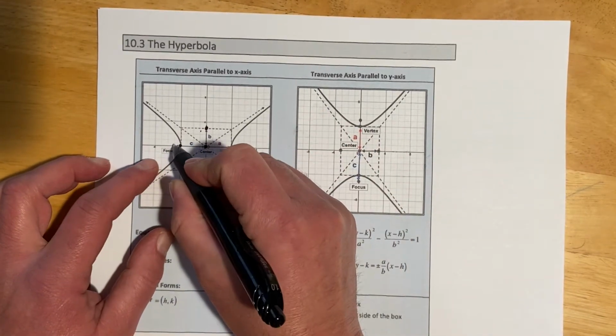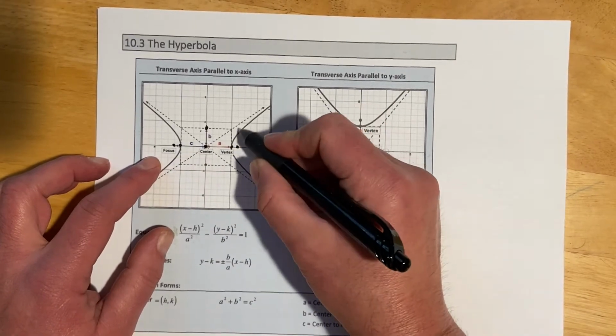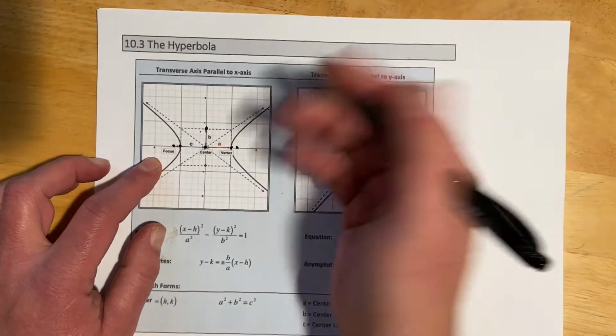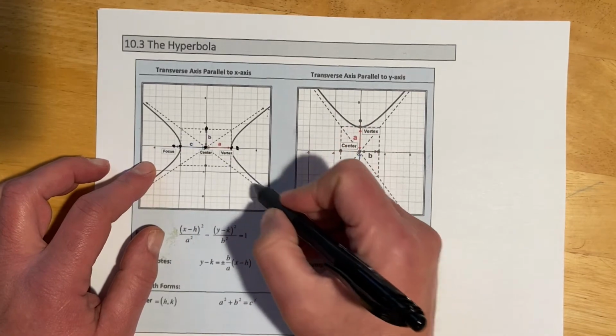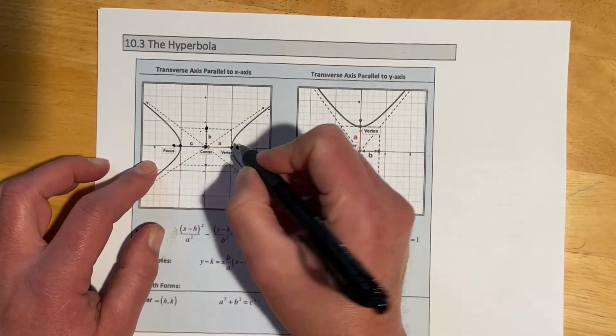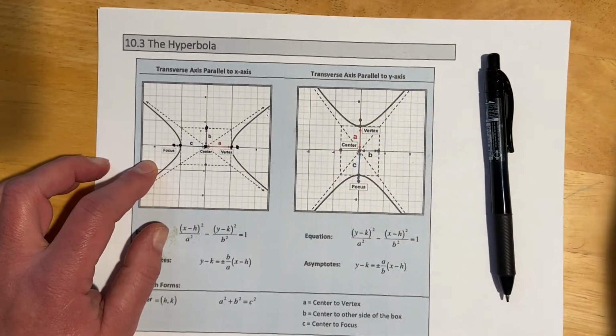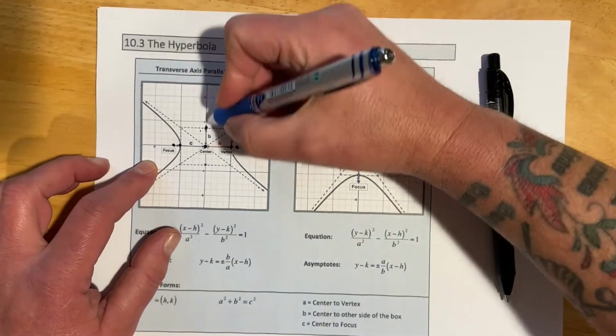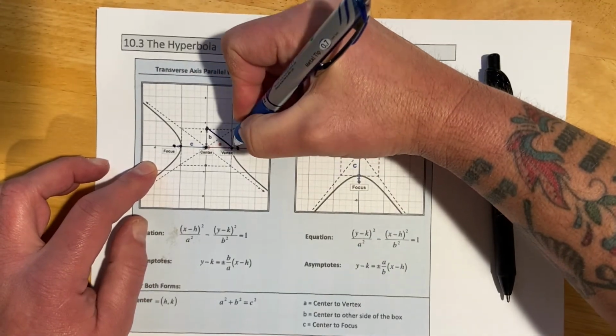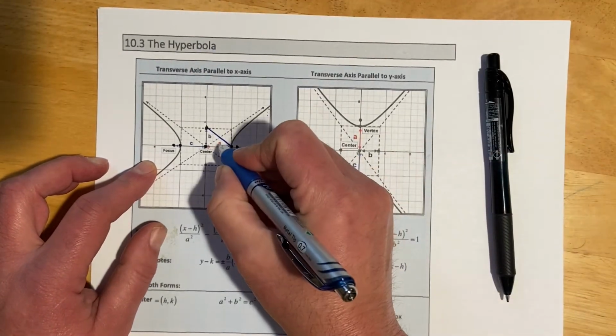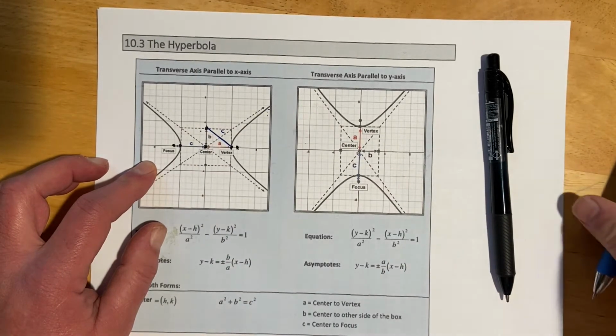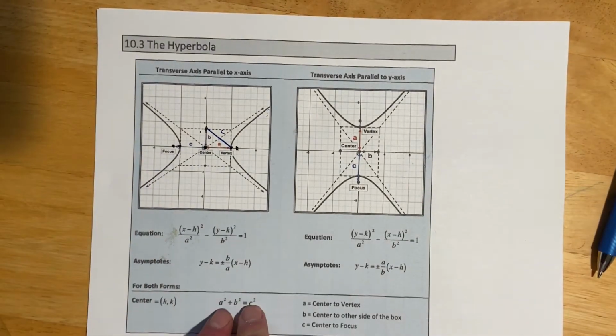It's running from the center to the focus, but the focus is now inside each of these branches of the hyperbola. So C is actually the largest value, and it's really the Pythagorean theorem. A squared plus B squared equals C squared. So that's our relationship between those variables.